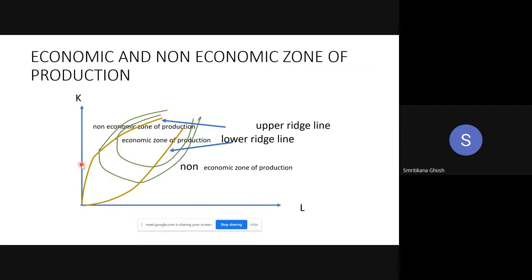The area where producers are interested to be is called the economic zone of production, and the area where the producers are not interested to go is called the non-economic zone of production. So the ridge line is dividing the economic zone of production from the non-economic zone of production.